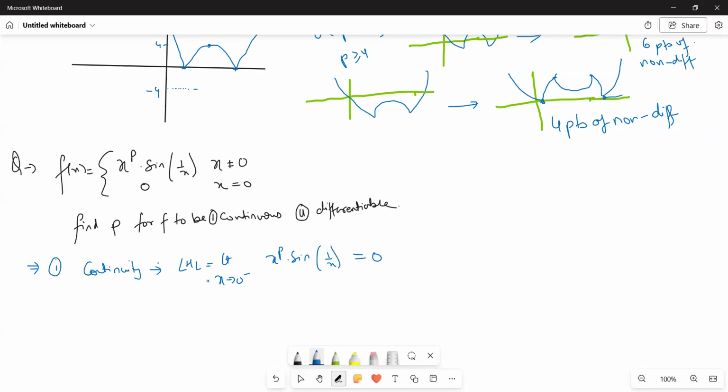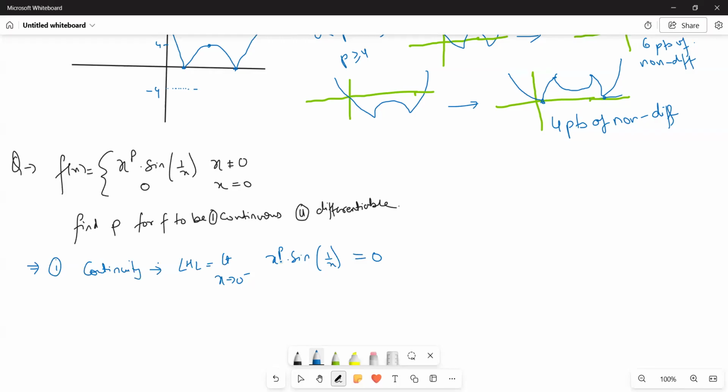Now, how do we ensure that this limit is 0? Sine of 1 by x as x tends to 0, 1 by x will be infinity, sine infinity. And sine infinity is the case of a discontinuous function, an oscillating discontinuity. And x power p is a continuous function.